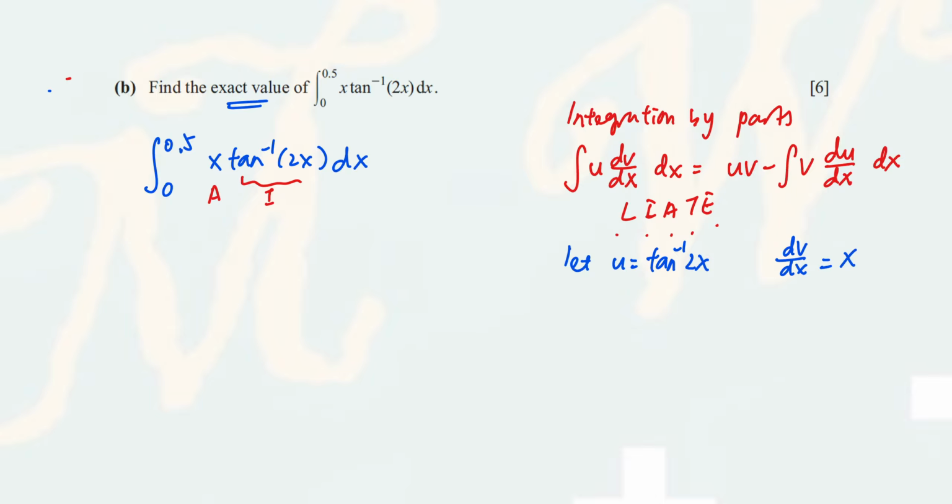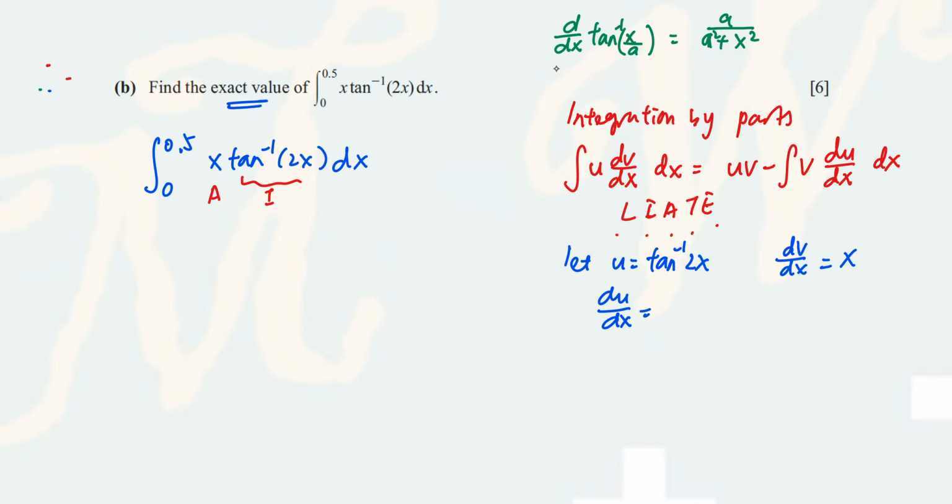So now, when you differentiate arctangent, the formula in our formula list is: differentiate arctangent of x over a, that is a over a squared plus x squared.